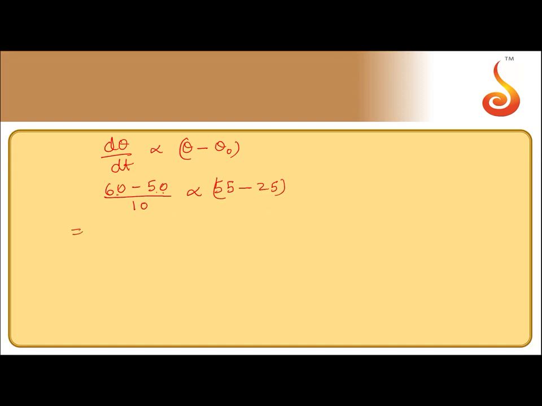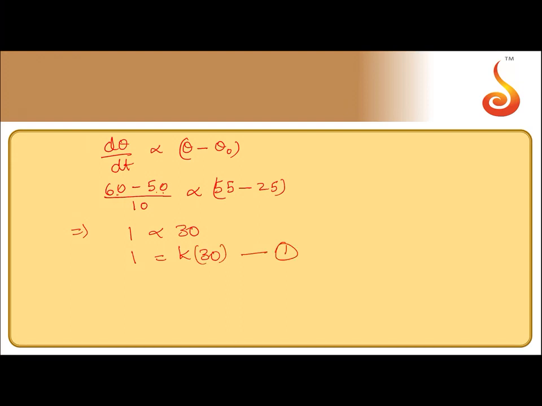So this implies 60 minus 50 is 10, 10 by 10, this is 1, is proportional to, this will be 30. Or you can write 1 is equal to some constant k into 30. So, call it as equation 1.